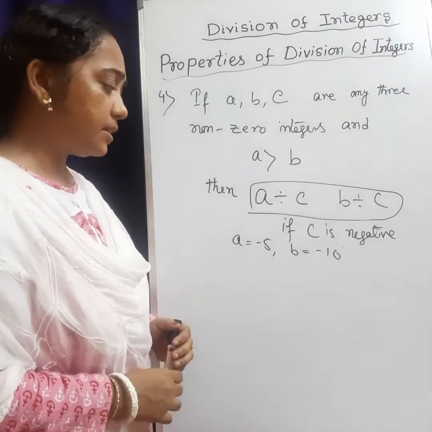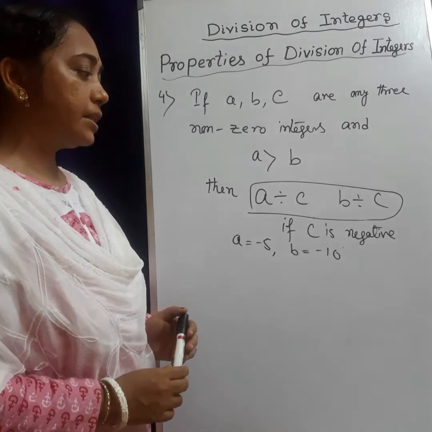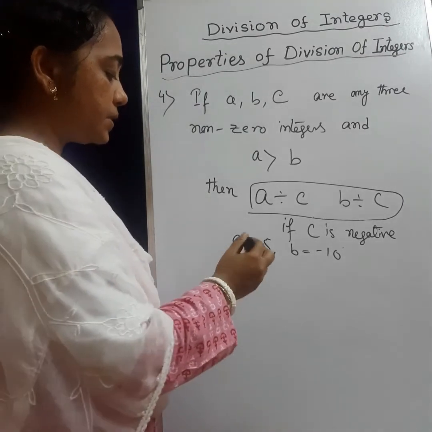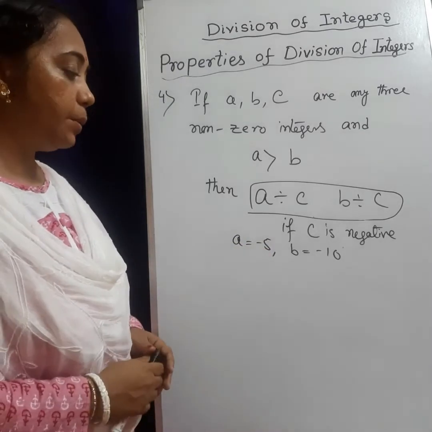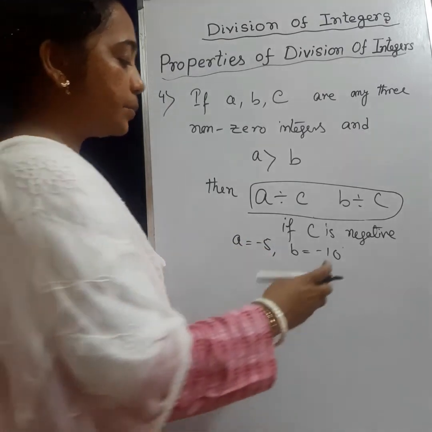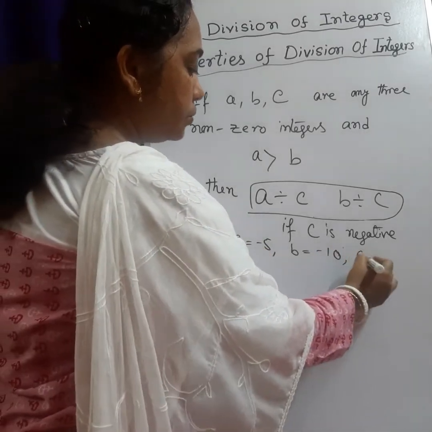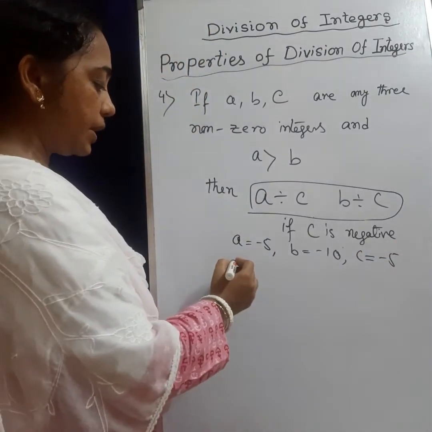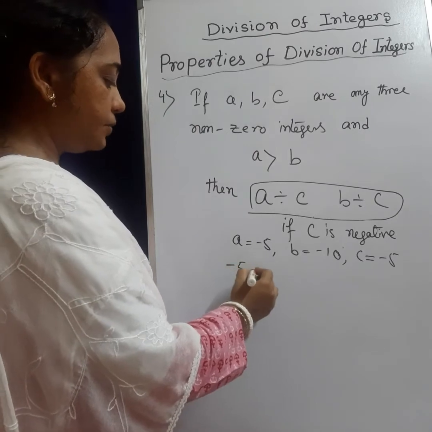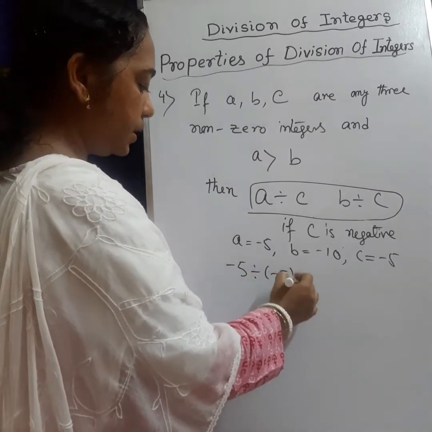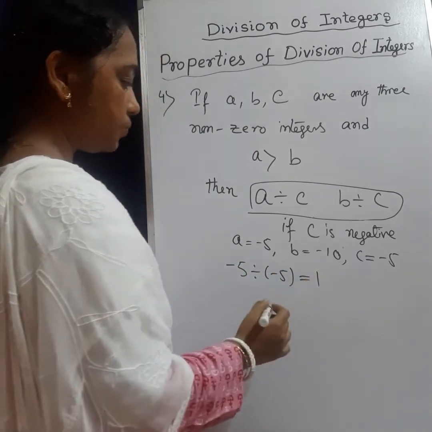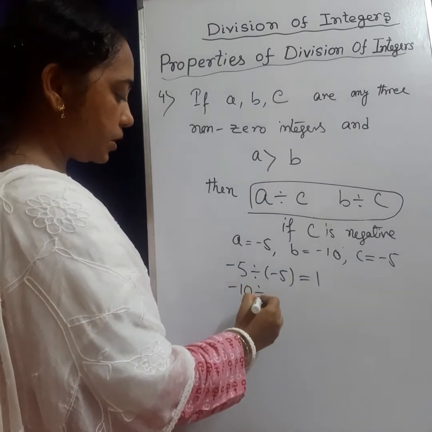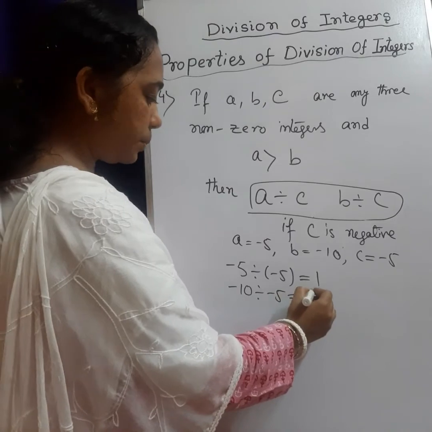Now let us consider the case if a is greater than b but c is negative, then what will happen? In this case, if we consider a equal to -5, b equal to -10, and suppose c is equal to -5, that means c is here negative, then we get here -5 ÷ -5 is equal to +1, but if we consider -10 ÷ -5, we get here +2.